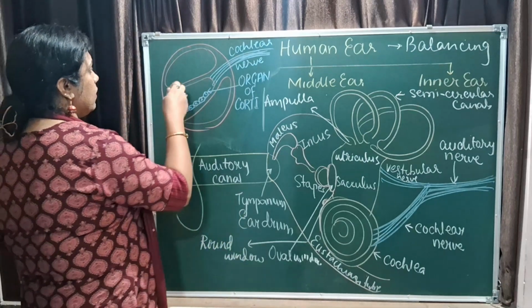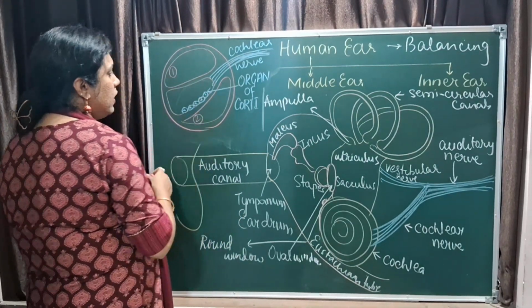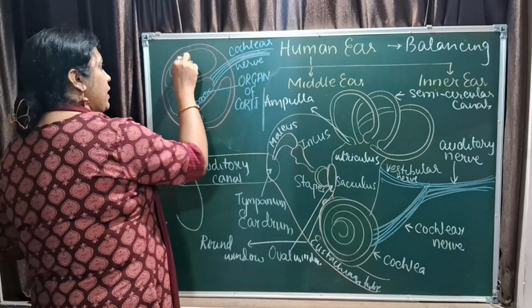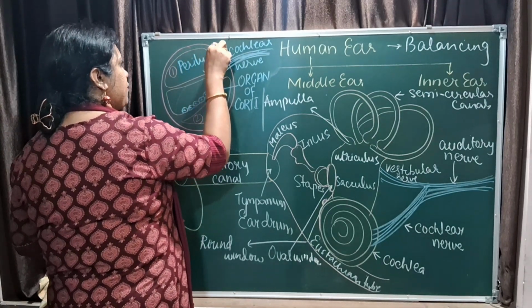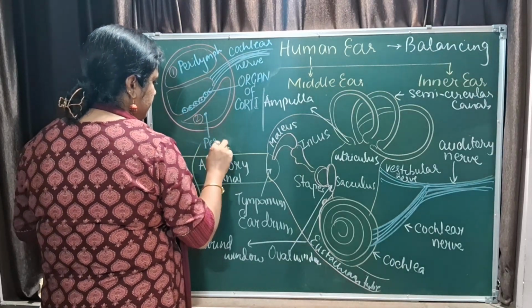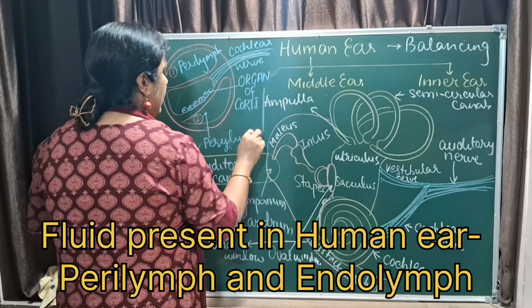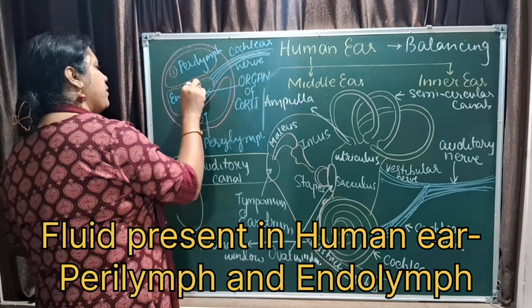Now this one, the outermost, this is 1 and 2. They contain a fluid called perilymph. And the center one, the fluid present is endolymph.